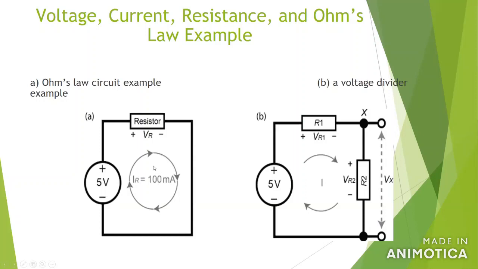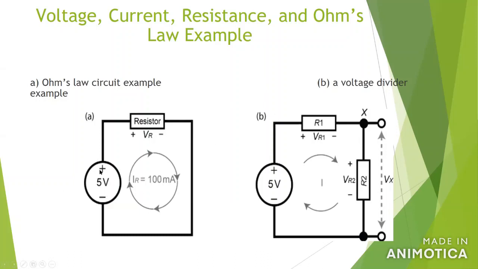For this circuit, the voltage is 5 volts and the current is 100 milliamps. Because you have the voltage and the current, you can figure out the resistance. Remember, resistance is equal to voltage over current.